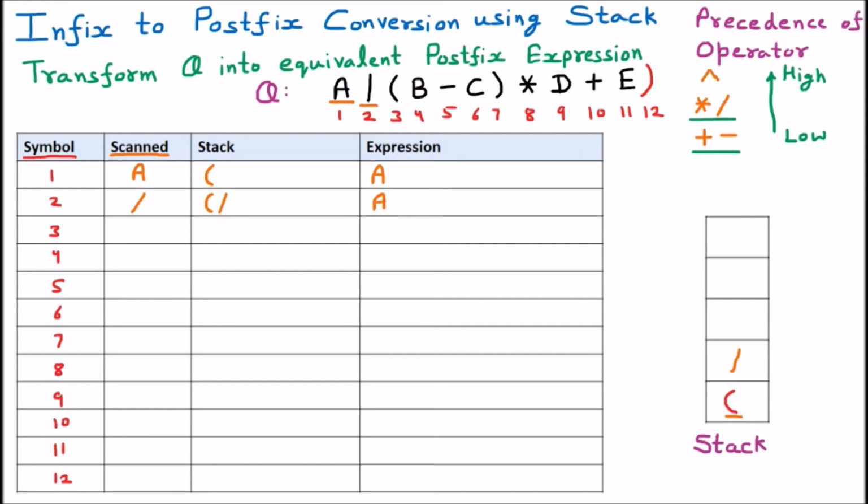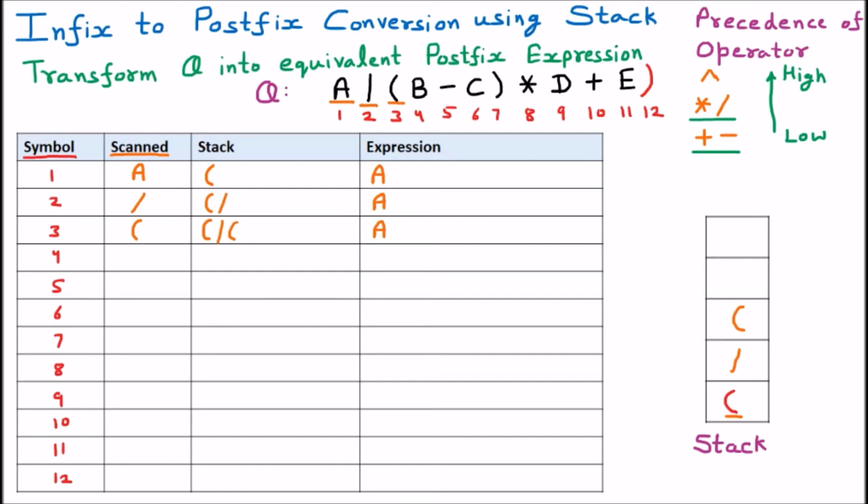Now the third symbol is a starting bracket. The bracket also goes to the stack. So in the stack we have bracket, divide, bracket, and expression A is the same.